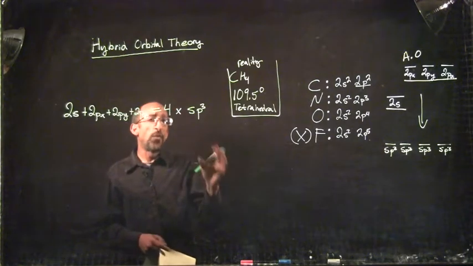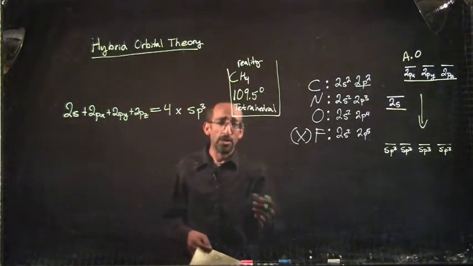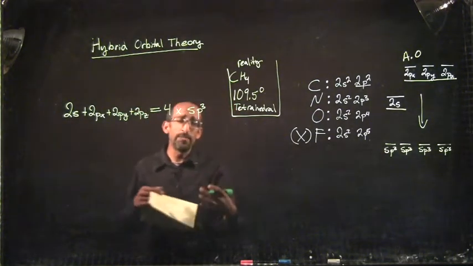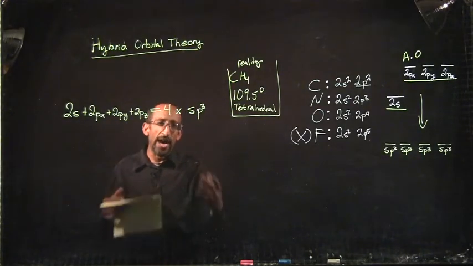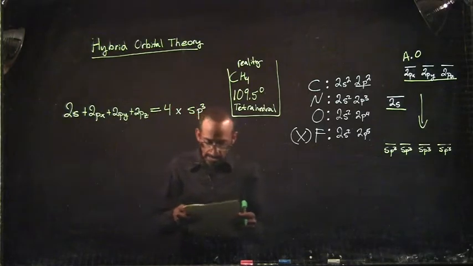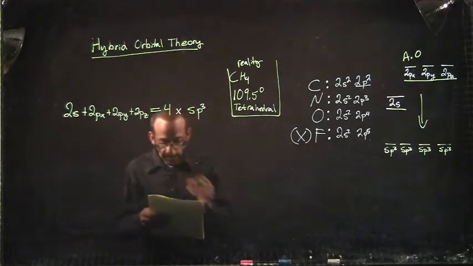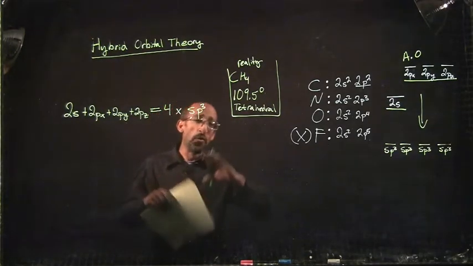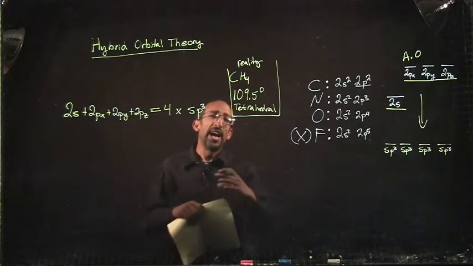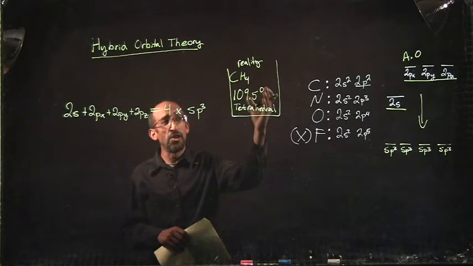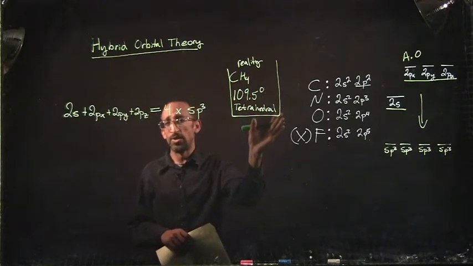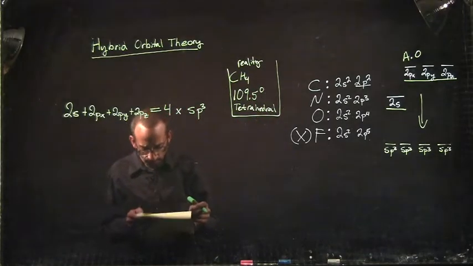Since now we have 4 orbitals of equal energy level around this carbon atom, we know based on VSEPR that they're going to need to be evenly distributed around the nucleus of the carbon atom. And we know that 4 regions of electron density have to take on this 109.5 degree bond angle and make a tetrahedral geometry if they're all bonding pairs.